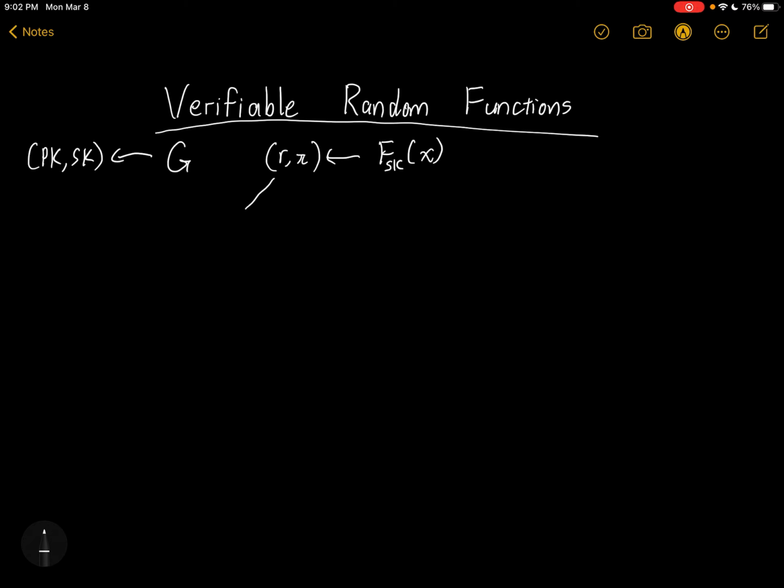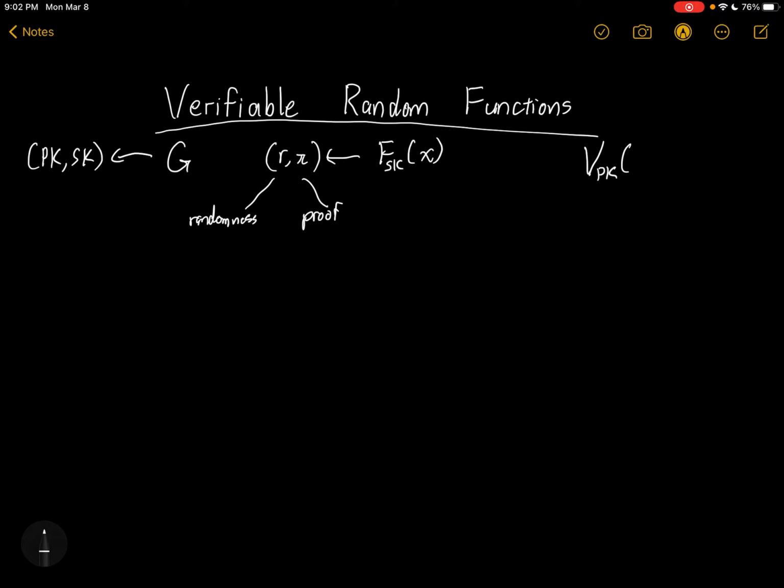And r is going to be the randomness, and pi is the proof. This is a value that lets others check that r was computed correctly. So lastly, we have the verification algorithm v. This is parameterized by the public key.